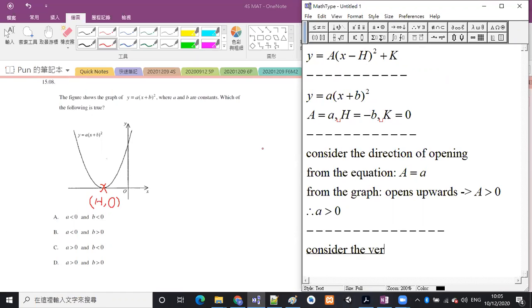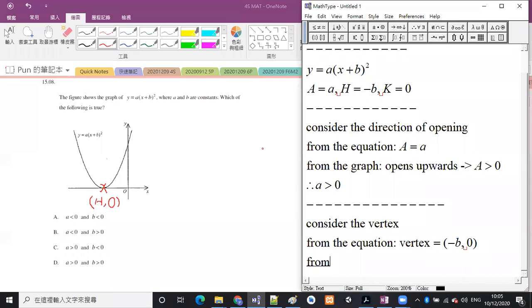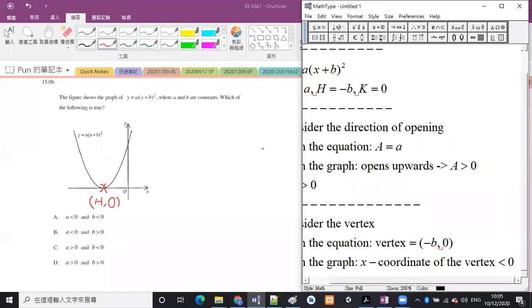So we are going to consider the vertex. Okay, consider the vertex from the equation. From the equation, we know that the coordinates of the vertex should be h value, that is negative b, and then k value. Can you see this? Okay, and then from the graph, we can see that the x coordinates of the vertex should be less than 0.